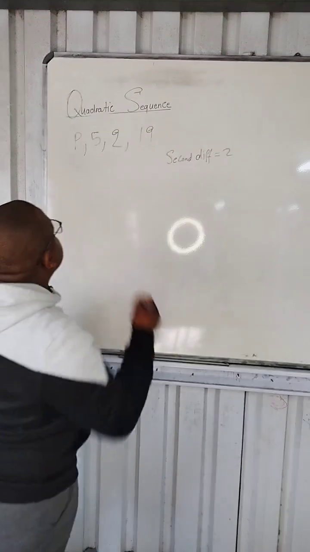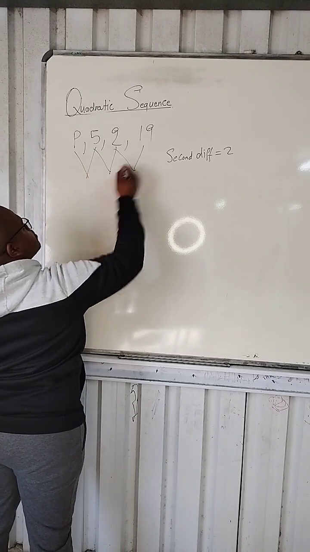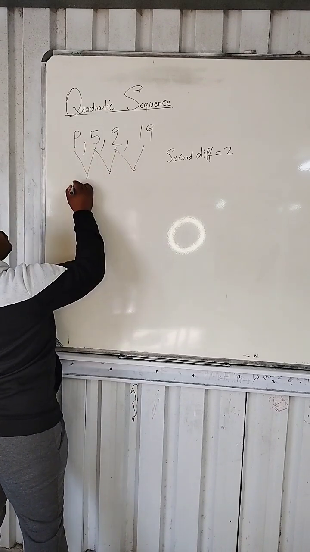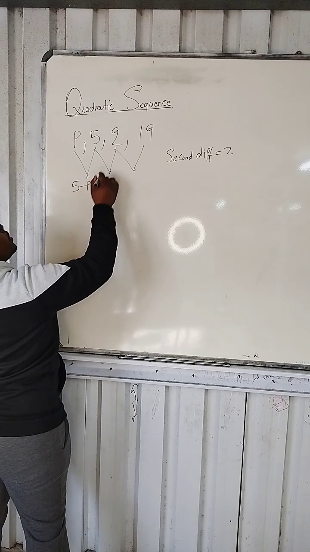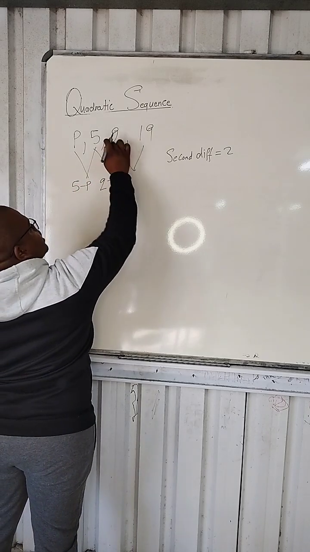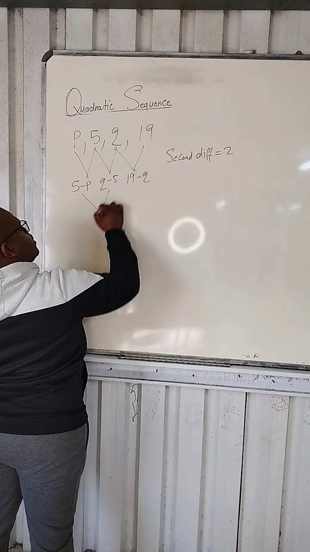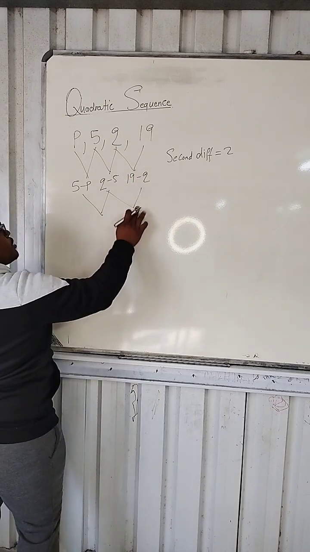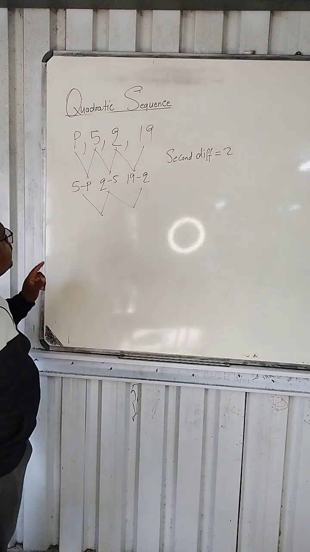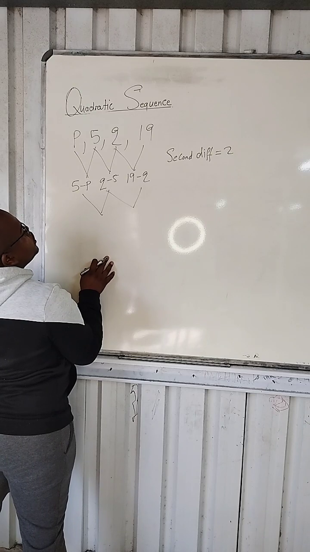Number one, here we are going to find the difference. 5 minus P. This minus this will be Q minus 5. This minus this will be 19 minus Q. Then we find the second difference, this minus this. What do we do now?